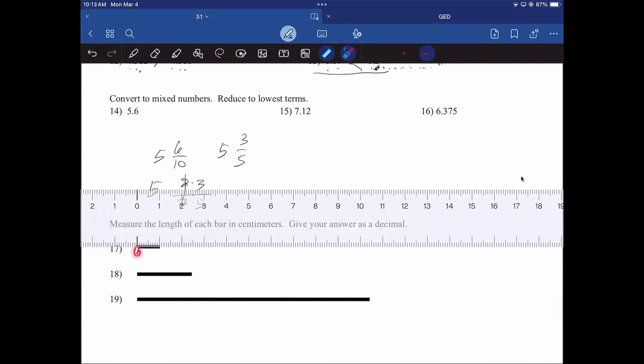We've got the 0 right there. And here we have 1. So that would be 1 centimeter. Because it's 10 millimeters. So this would be 1. Why is it not writing? 1 cm.